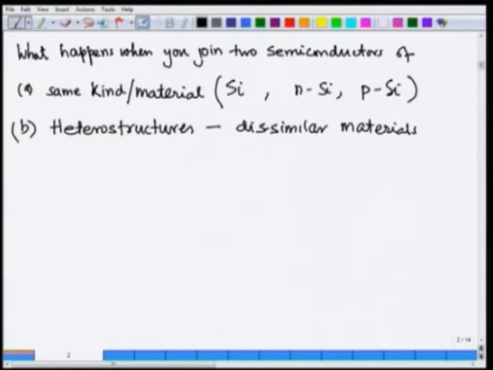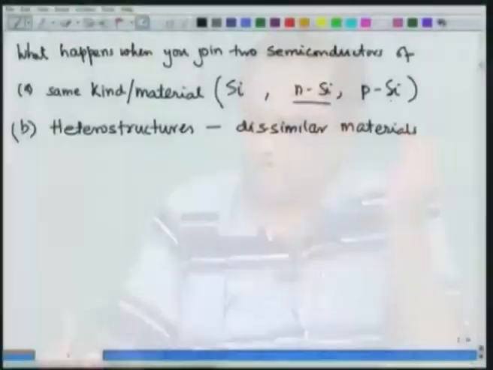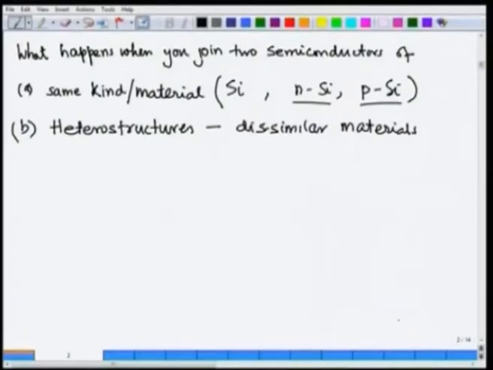Only the difference is that N type silicon has phosphorus doping in parts per million, a very small amount. Similarly, P type silicon has boron doping, again parts per million. Otherwise the material remains the same kind of material.